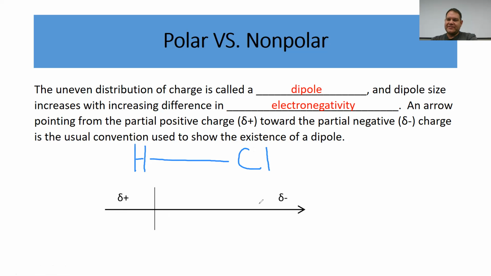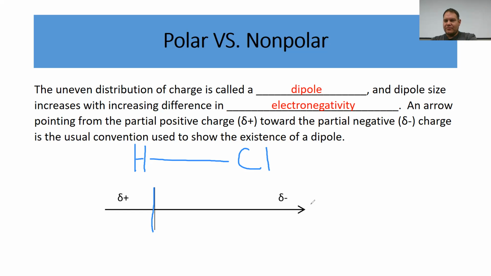To let us know that this is a dipole arrow, we're going to use a line down the arrow, and that way you can distinguish this arrow from any other type of arrow that we might use in chemistry. All right, so this is a dipole arrow.